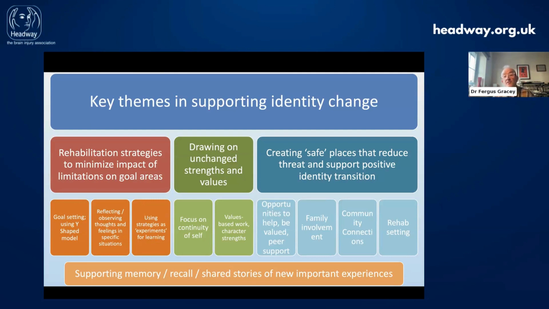And then the third area is creating safe places that reduce that threat and also provide opportunities for a positive identity transition. Community connections, family involvement, and opportunities to not just be the recipient of care, but to be the giver of care, the giver of help, opportunities to be valued. For example, engagement in peer support schemes.